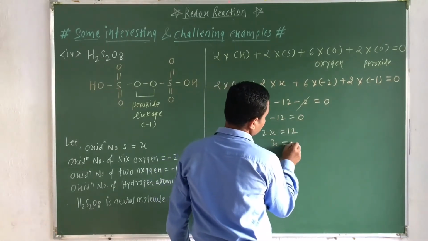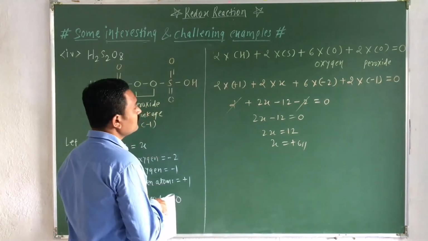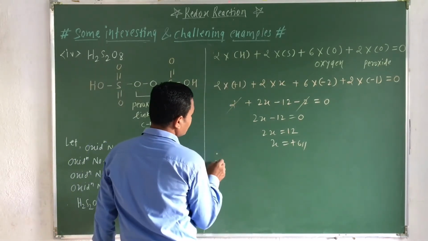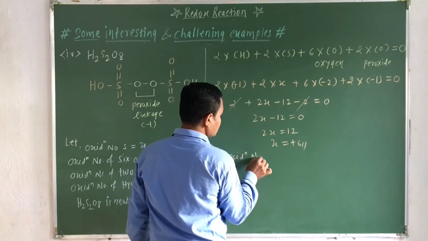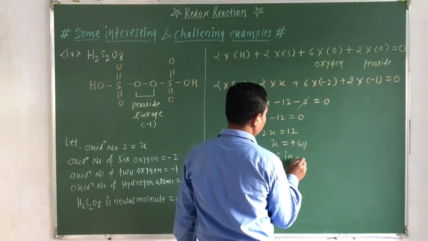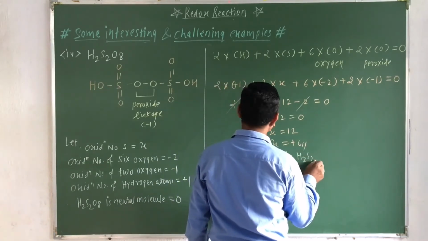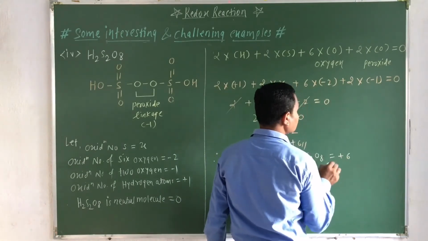Therefore x will be equal to plus 6. So again we are going to write down the statement: the oxidation number of sulfur in the H2S2O8 molecule equals +6.